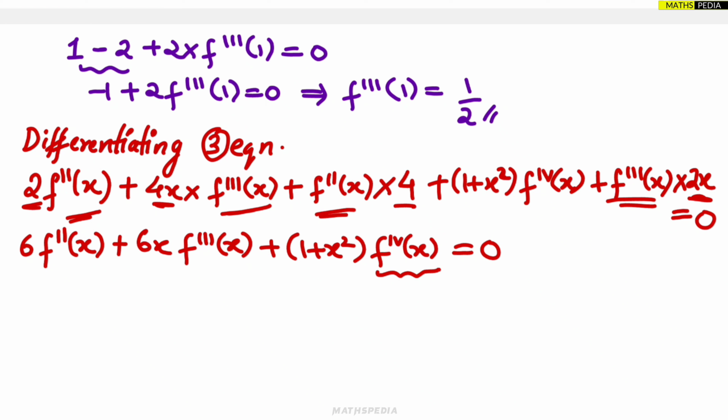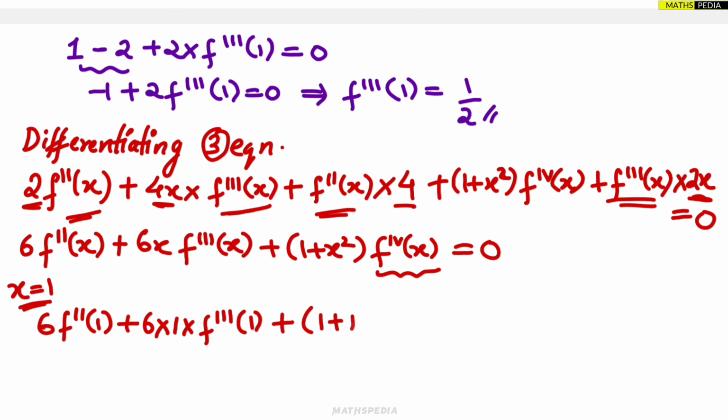Now we have to substitute the x value as what? 1. So what happens? 6 into f double dash of 1 plus 6x, x I cannot write, I have to write x value as 1, into f triple dash of 1 plus 1 square into the fourth derivative of 1 equal to 0.